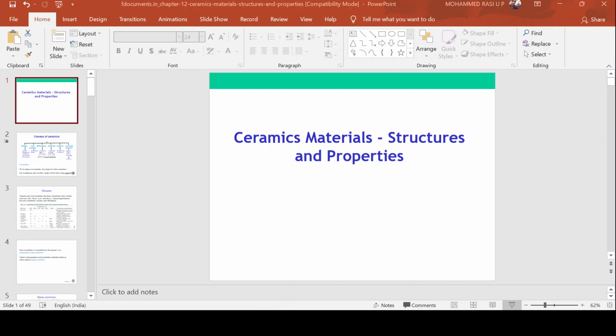The third class of ceramics is abrasives. Abrasives are normally used to wear, grind and cut away other materials, which are necessarily softer.